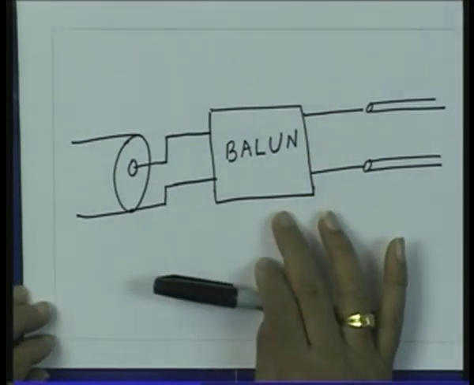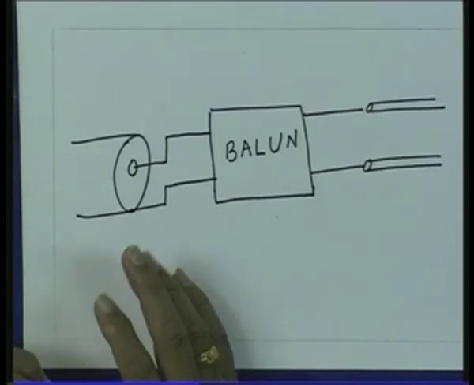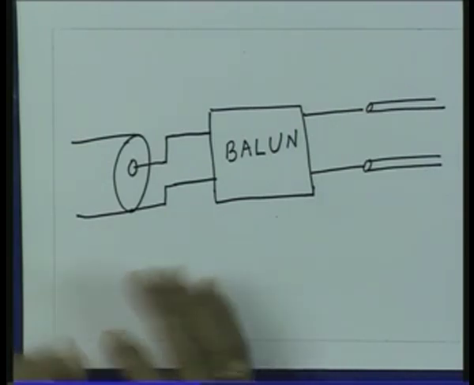You will see this balun whenever you make a connection between a Yagi antenna and a TV. That is the most practical application you can see around. Of course, there are many other high level technical applications where the balun is used, but practically whenever you are using a Yagi antenna for reception and connecting it to a TV, you bring the signal from the antenna by using that flat ribbon cable which I mentioned, that is a balanced structure.